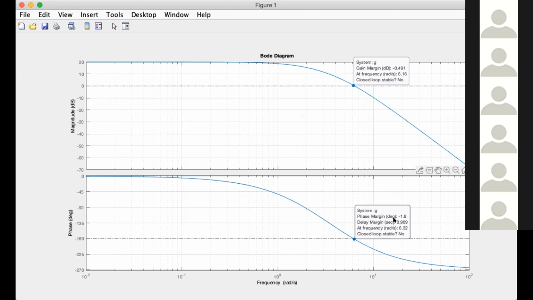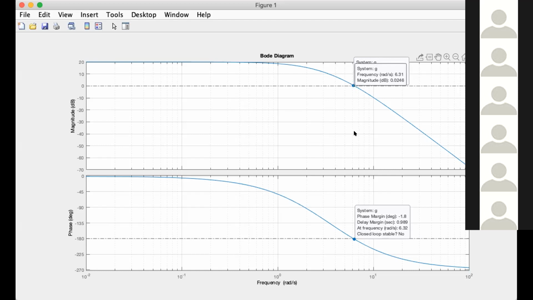So how do I get the phase margin? The phase margin occurs at frequency 6.32. 6.32 is here, very near.